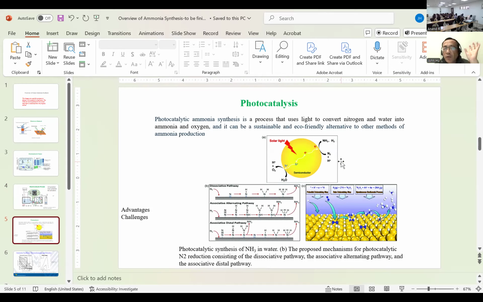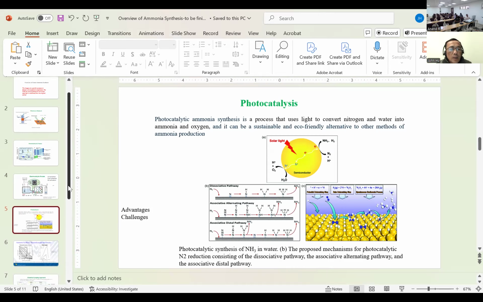So it kind of mimics the natural process, but the natural process is very slow and depends on the plants. So here they make an artificial sunlight-sensitive material. I don't want to go through the detail because a lot of photochemistry would need to get involved. So in the interest of time, I only want to show you the different methods to make ammonia.